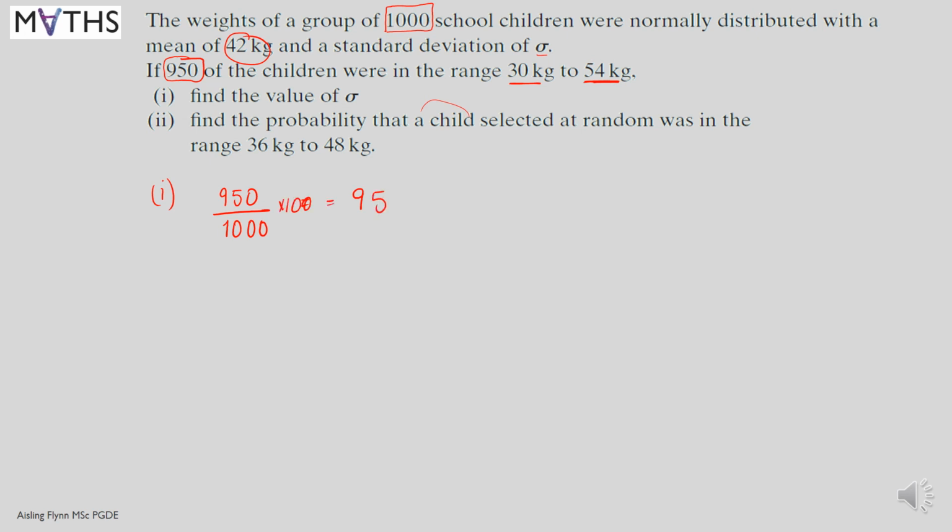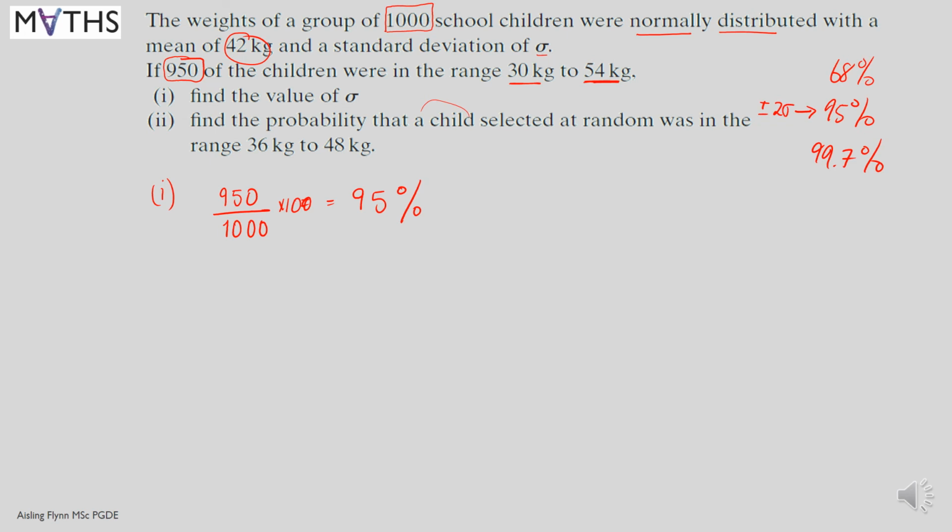You get 95%. Okay, so normally distributed, we have 3 figures: 68%, 95% and 99.7%, and we're dealing with the middle one here, which is plus or minus 2 standard deviations.